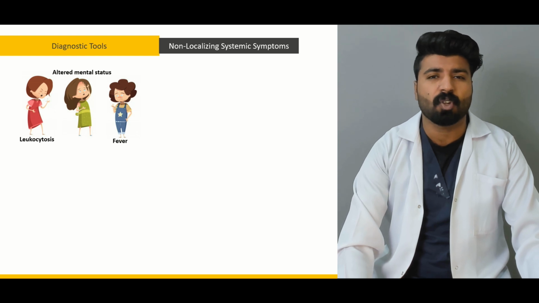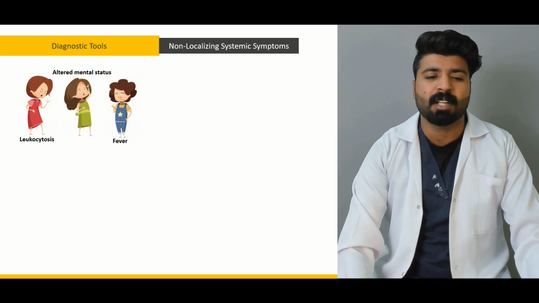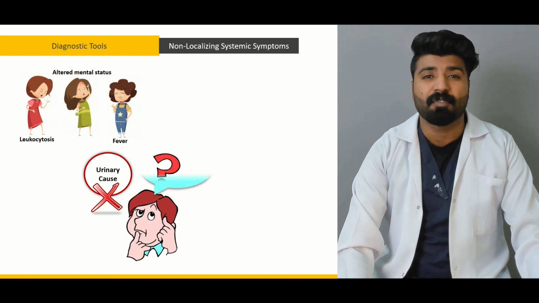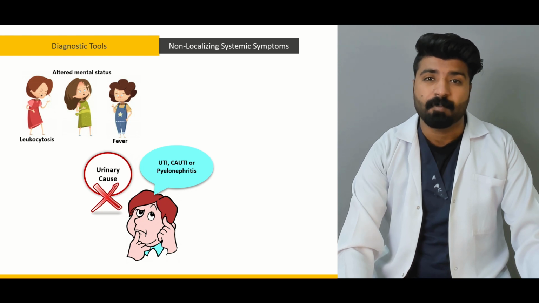Now let's talk about diagnostics. In the diagnostic tool, let's talk about non-localizing systemic symptoms. For example, the patient has leukocytosis, maybe altered mental status, maybe fever. Now, all of these are not because of a urinary cause, but we'll think about what? It can be UTI, CAUTI, or pyelonephritis, and those symptoms have propagated and involved systemic manifestations through hematogenous spread.